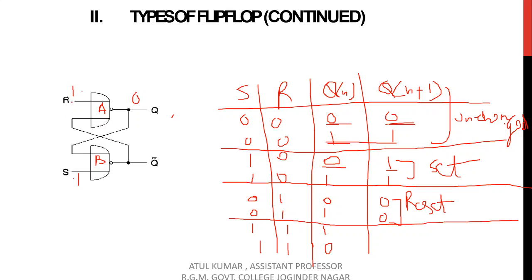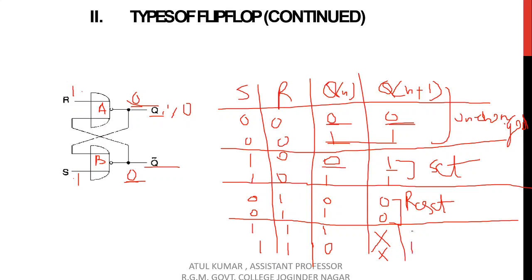So here also the output is 0, and in case of NOR gate B the output is 0, whatever be the value of Q, whether it is 1 or 0. The output here is 0 and here is also 0. This means that Q and Q bar are not complements of each other, so these two states are invalid states.